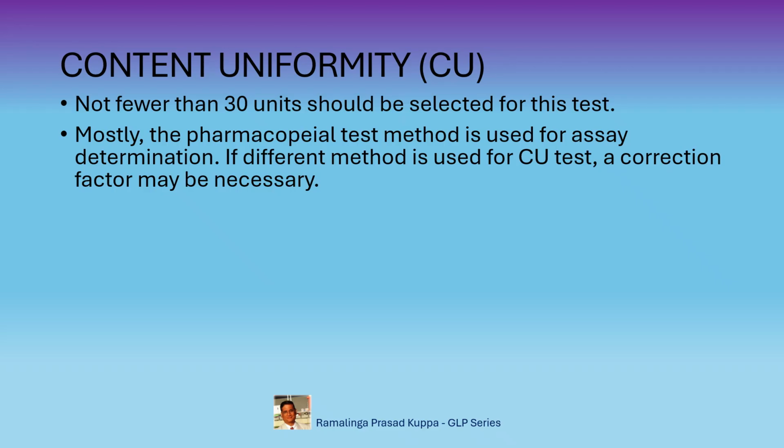If a different method is used for the CU test, a correction factor may be necessary. In the majority of cases, the compendial method is used for assaying the content in the dosage form. In such cases, there is no correction factor required. Otherwise, it is necessary to establish the equivalency with an established correction factor.